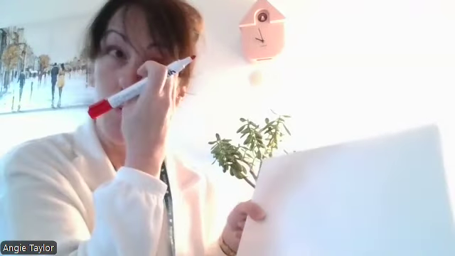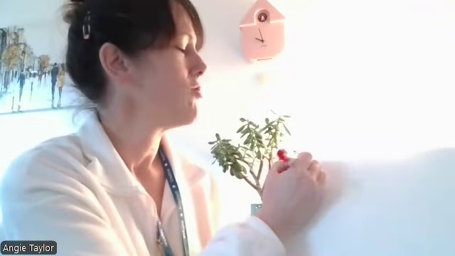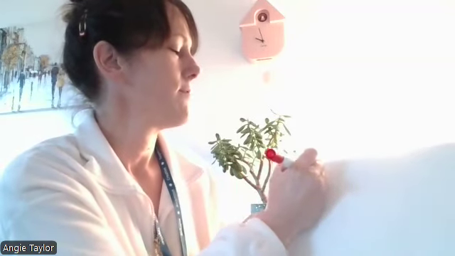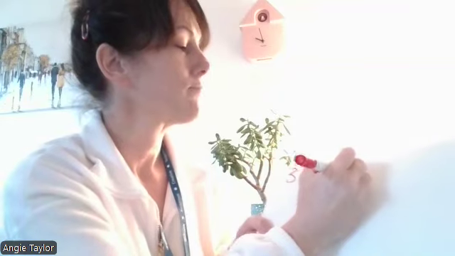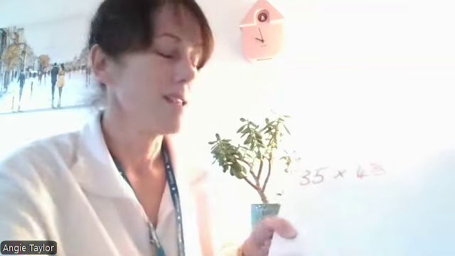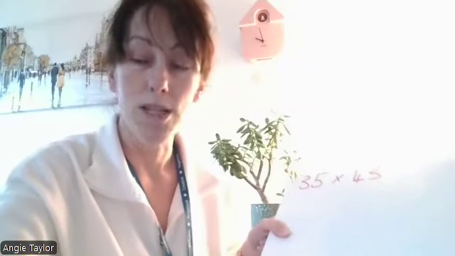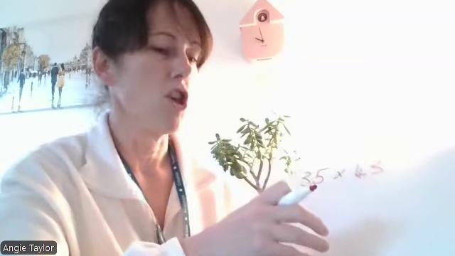So we're going to go with quite big numbers. I'm going to make this tricky because I know you can do it. So let's have 35 times 43. Now in the test, this might not be as straightforward as that. You're probably going to have a worded problem where you've got to unpick the story that it's given you.